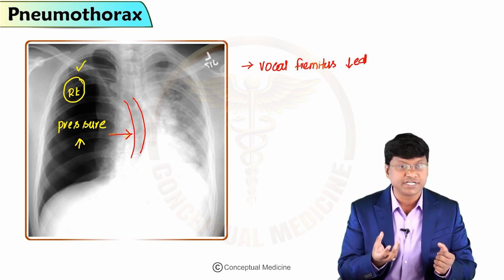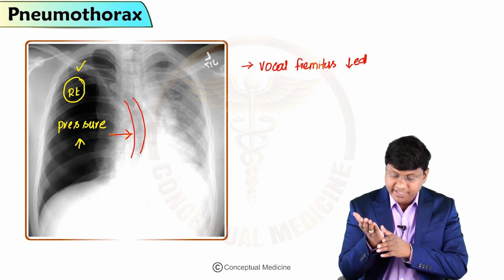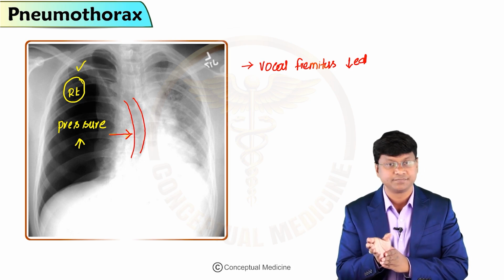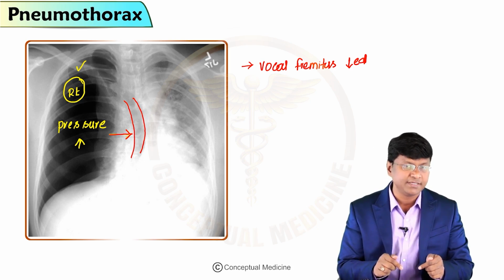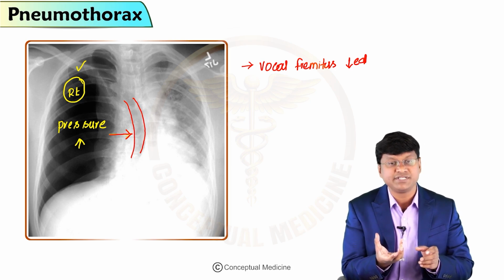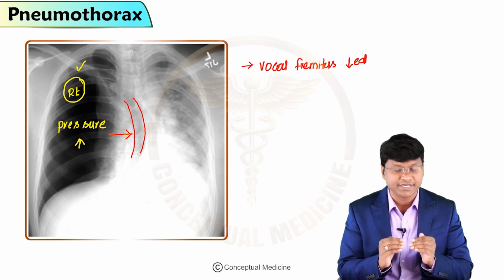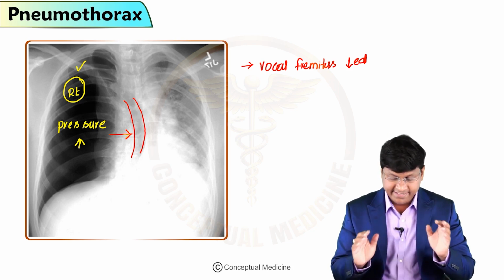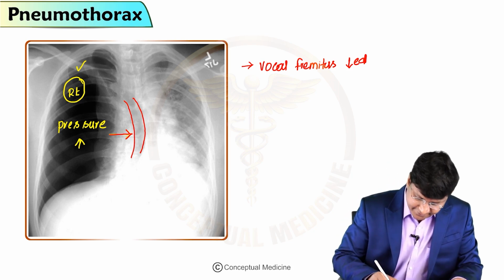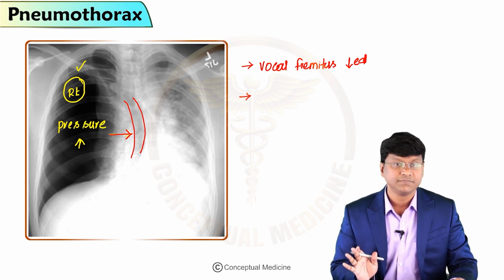The vibrations generated within the lung parenchyma are transmitted to the chest wall, and that is felt by the ulnar aspect of the hand placed over the chest. But in these patients, the lung is collapsed. So you don't have adequate vibrations generated within the lung parenchyma, and you don't have transmission of those vibrations onto the surface of the chest, and thereby your vocal fremitus will be reduced or absent.